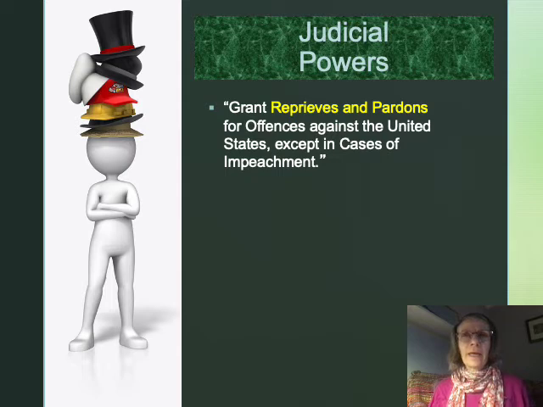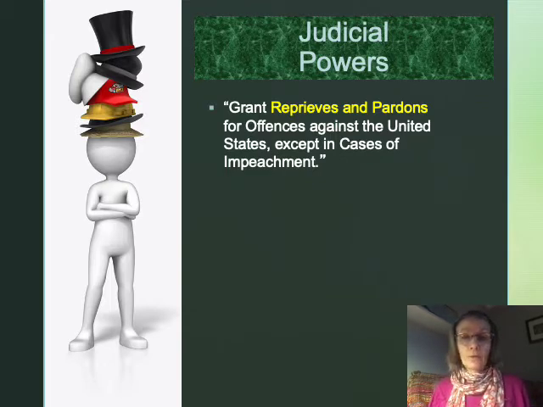The judge in the criminal justice system is the one who sentences people for the crimes that they've been convicted of. So in the Constitution, the framers gave the president the power to grant reprieves and pardons for offenses against the United States, except in the case of impeachment. And so what does that mean?